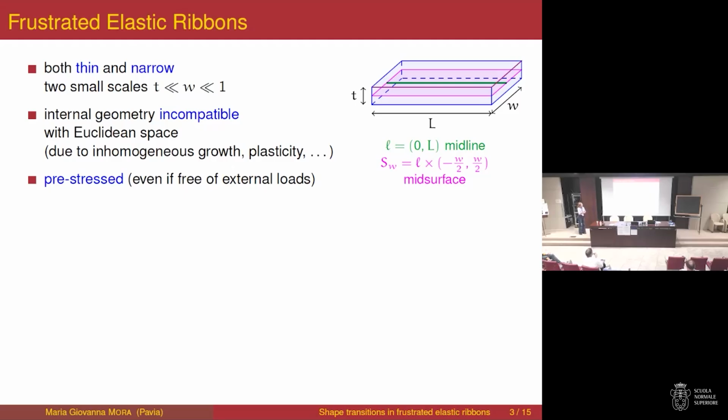Very often these structures have some geometric incompatibility, in the sense that they have an internal geometry that is incompatible with Euclidean space.